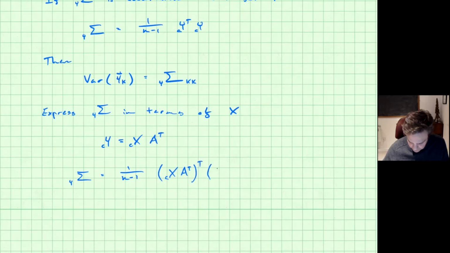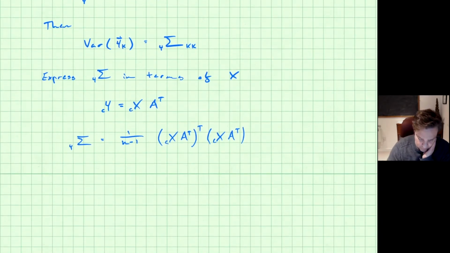So that's xc A transposed. Now we do that transpose on the left, and remember that the transpose of a product of matrices is the product of their transposes, but with the order flipped. So this is 1 over n minus 1. This is a rule from linear algebra that you may have only heard for the first time in last week's lectures, but you should know it. And so this looks like this.